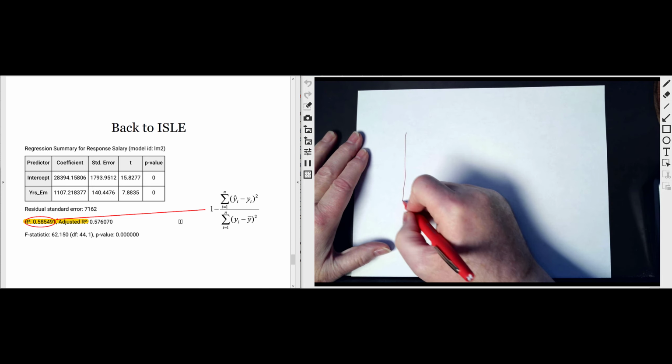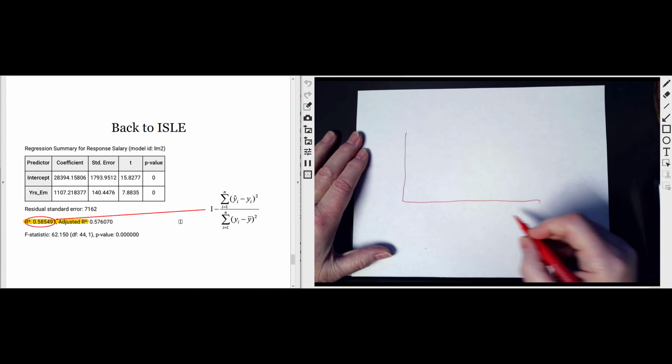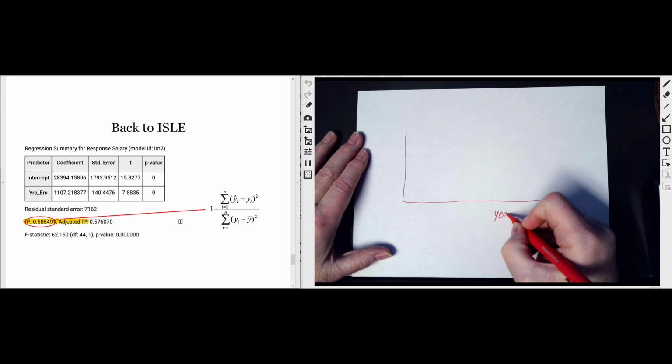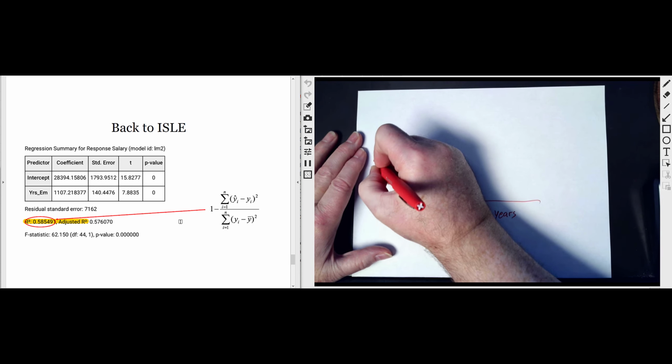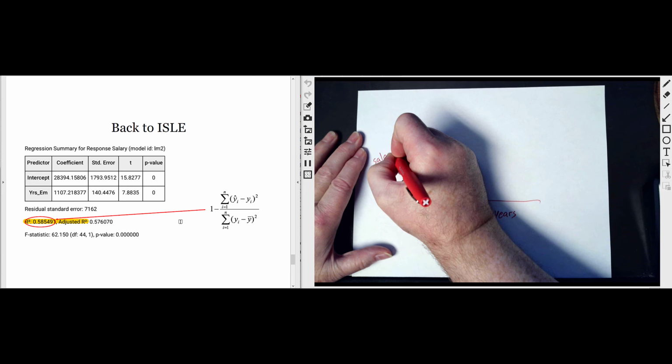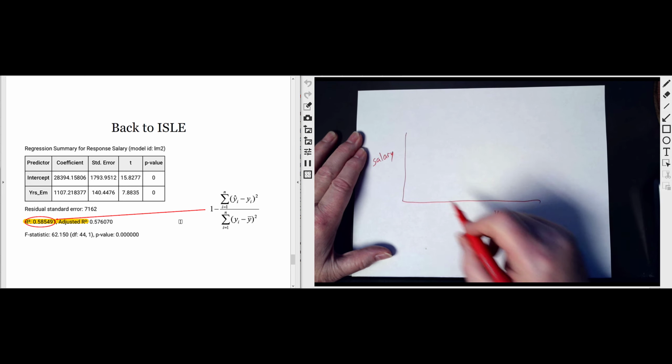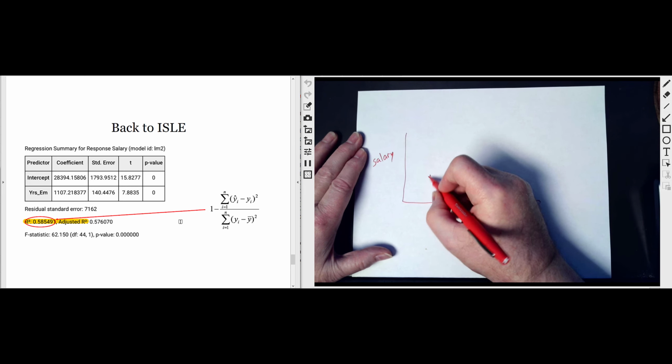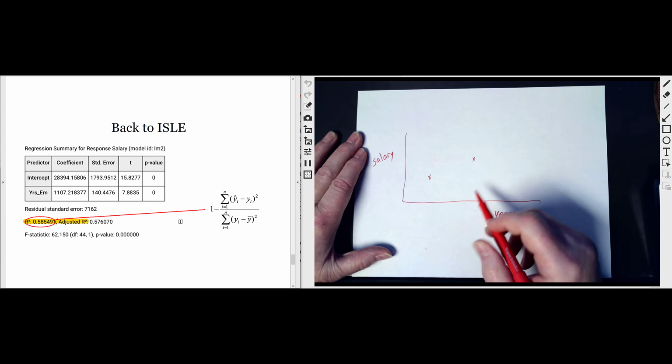Let's suppose that we have years of experience and salary, but we only have 2 observations. All right, these are our only 2 observations.